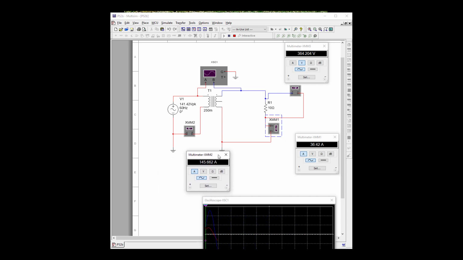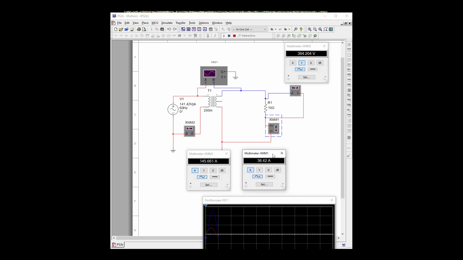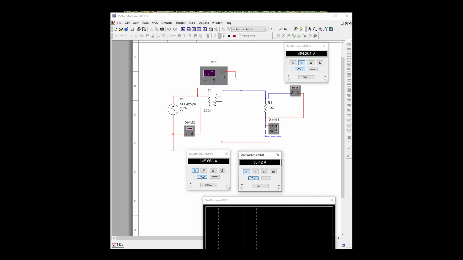So here we have 145, and we have 36 out. So we have a decrease of 4 in current and an increase of 4 in voltage. That's normal. We're going to have an increase in voltage and the same ratio of decrease in current. Good.